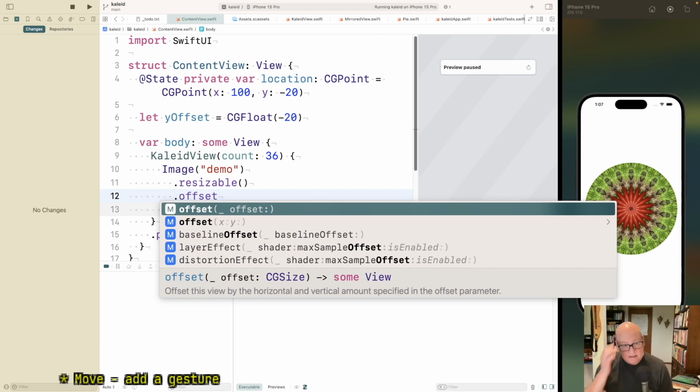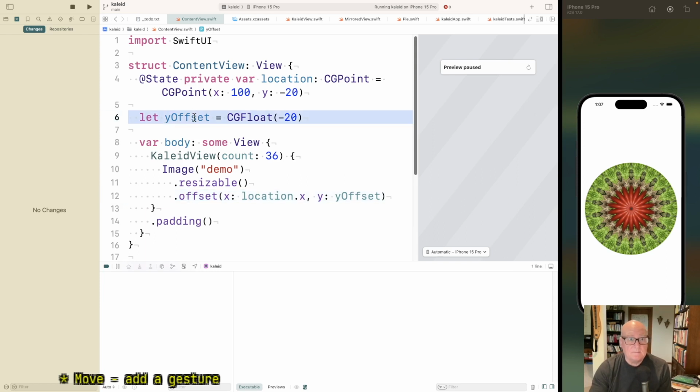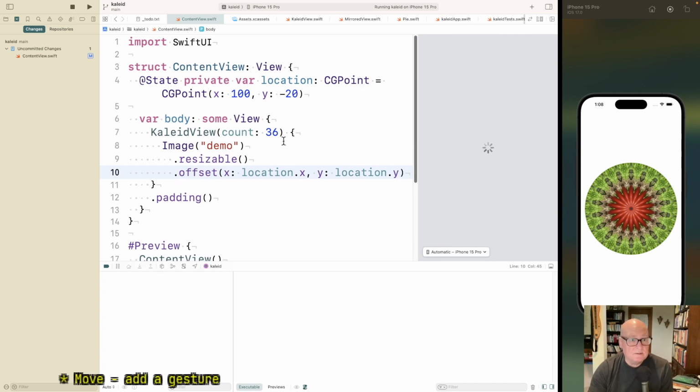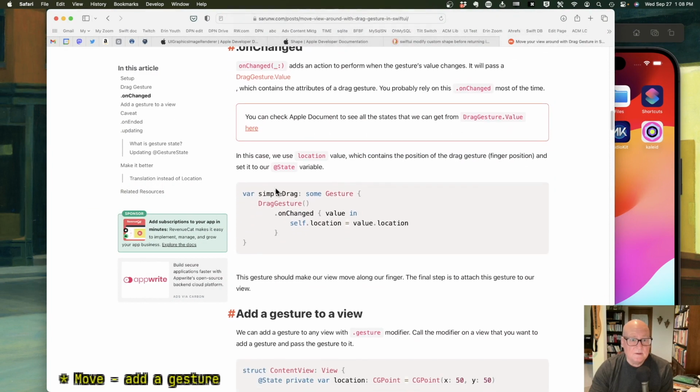CG size. This is a CG point. Okay, we'll keep on this path. Okay, let's preview. Should look no different. And then we need that drag gesture with an onChanged doing something.